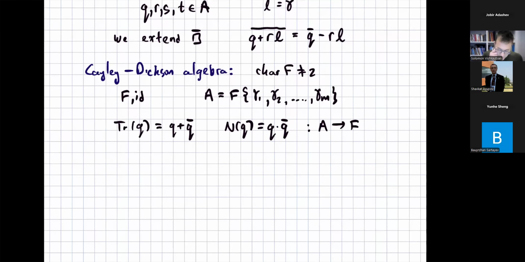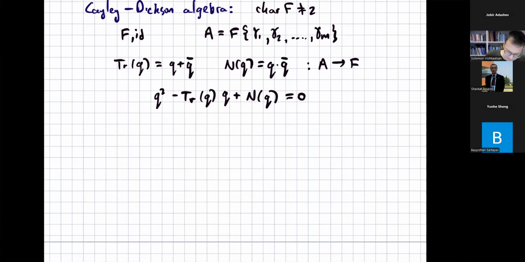Another property of these algebras is that every element is quadratic over F. We have this formula: q squared minus trace of q times q plus norm of q equals 0, so every element is quadratic over the base field.